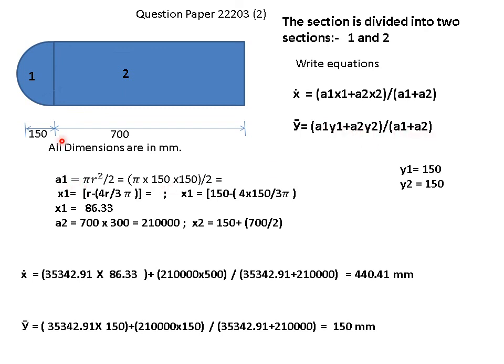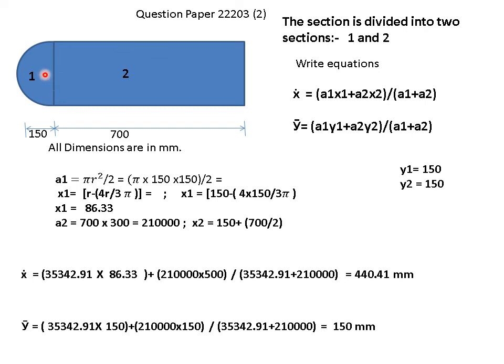Let us see a1, the area of the semicircle. For the whole circle it is pi r square. For the semicircle it will be half of that, that is pi r square by 2, equal to pi into 150 square divided by 2. x1: from this base it is 4r upon 3 pi.